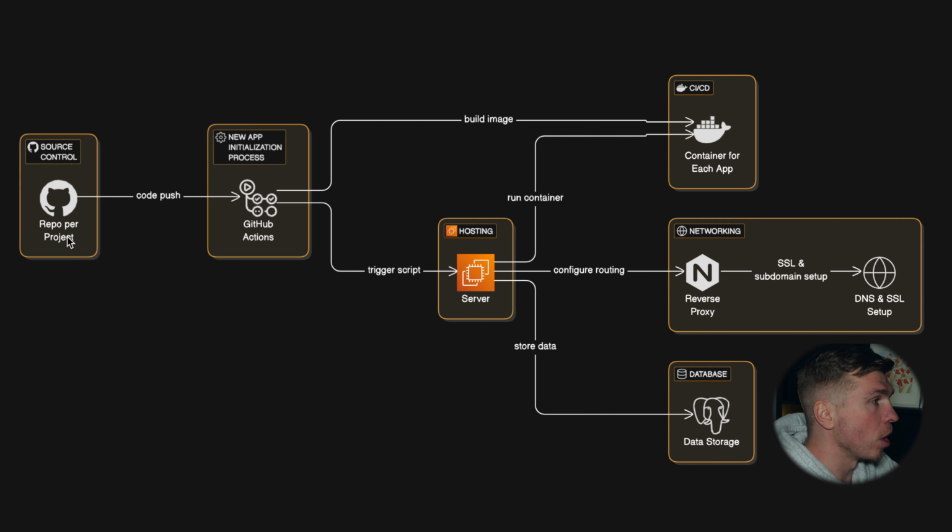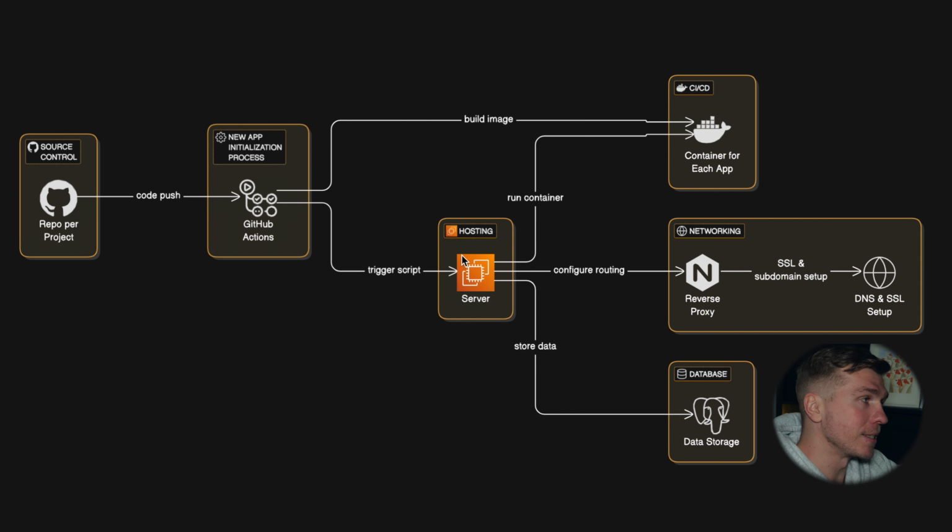Each project lives in its own GitHub repo containing a Dockerfile and a GitHub Actions workflow. When you push code, GitHub Actions automatically builds a Docker image, pushes it to a registry and triggers a script on our EC2 server.